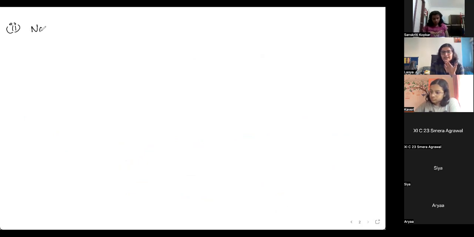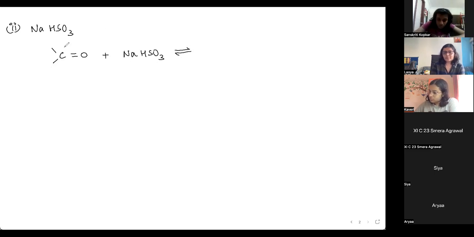Next one is NaHSO3, sodium bisulfite or sodium hydrogen sulfite. You guys predict what the first step of the product is going to be. We start off with either an aldehyde or ketone plus NaHSO3. For the intermediate, which one bonds to carbon, which part bonds to oxygen?